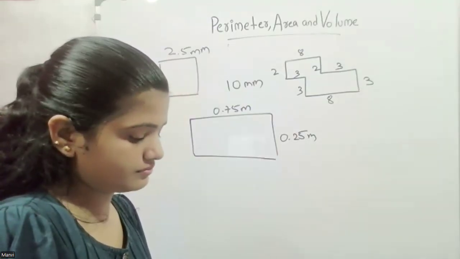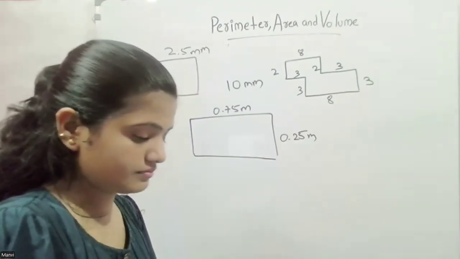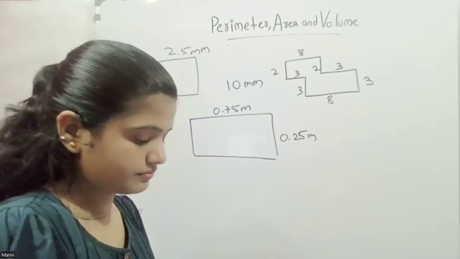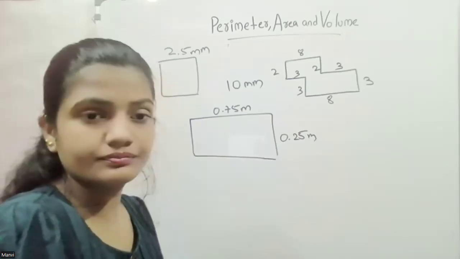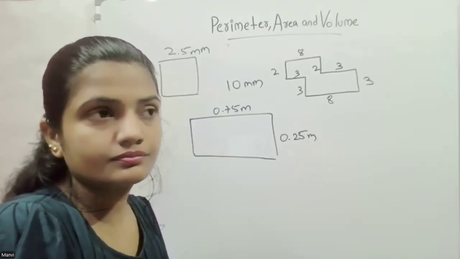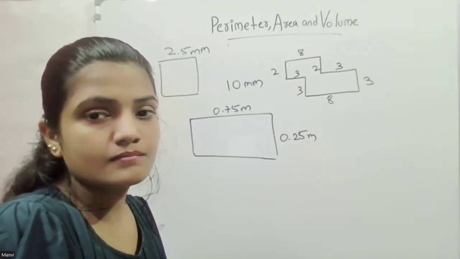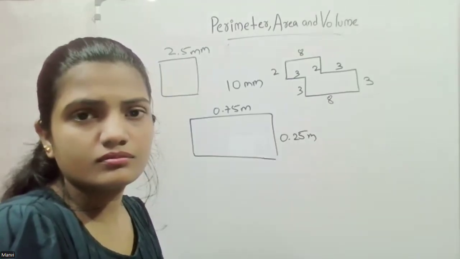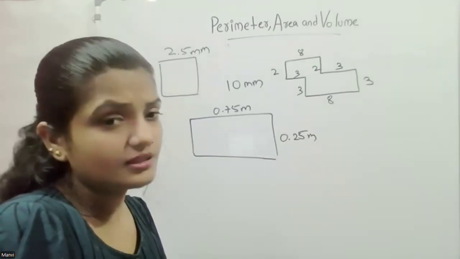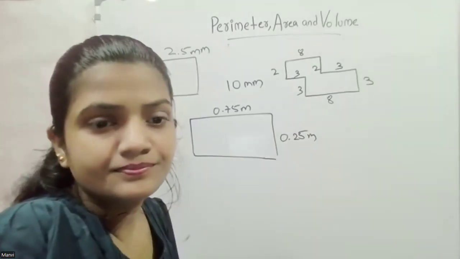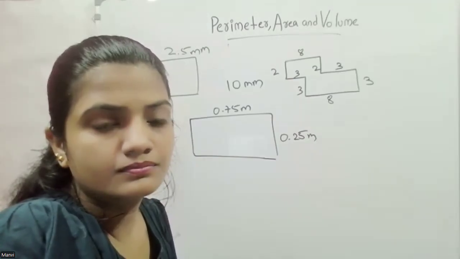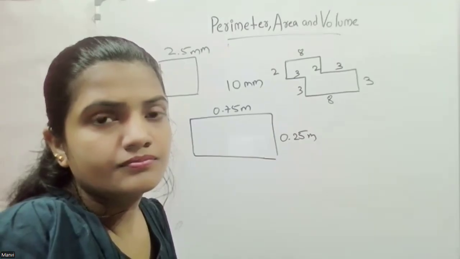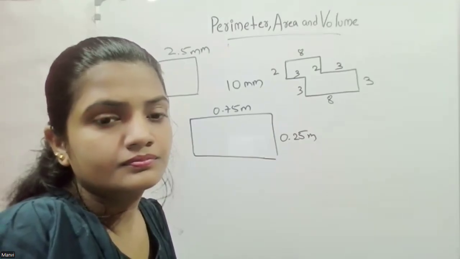So the big side is 8. Is there a side missing? We have to calculate which side is missing. Sorry, nothing is missing in this. I thought there was something missing. So 8 and 10, 18.